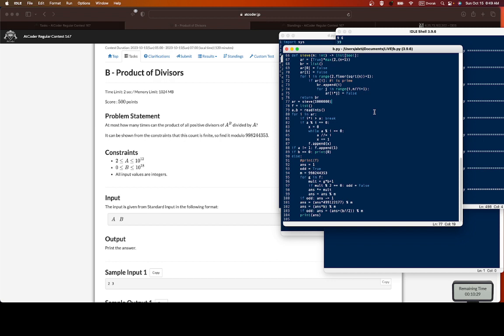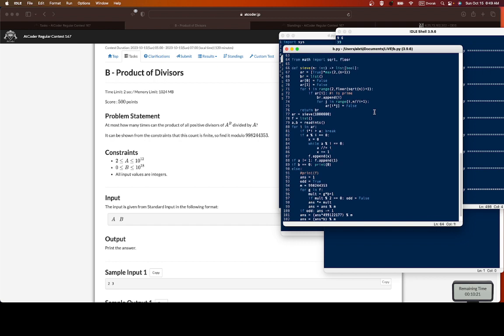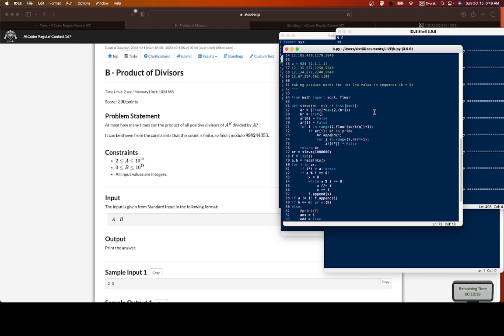Oh my god, we aren't including all the... Oh no, no. That is so bad. We aren't including all the primes.